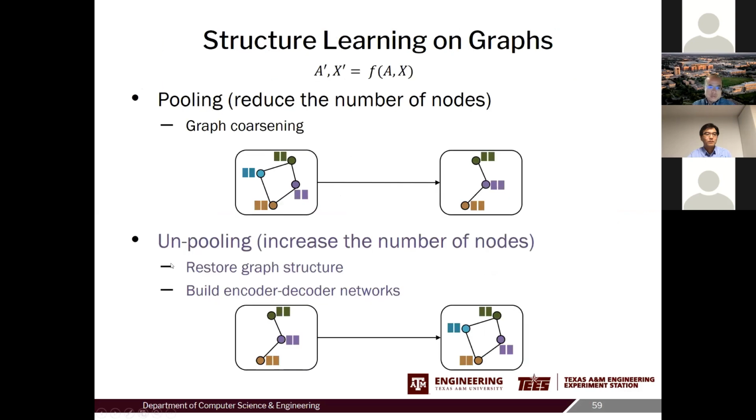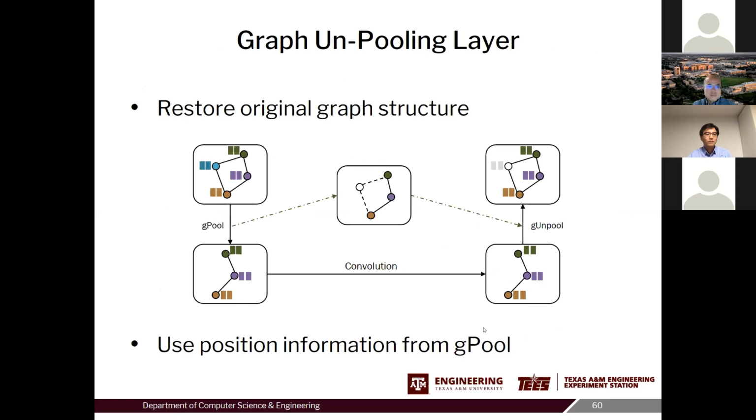We also do unpooling. If you have a smaller graph, how can you produce a larger graph in the decoder? We simply use the idea of unpooling in images. In the unpooling operation on images, you memorize the location in the encoder path: in the downsampling path, you memorize the location of the maximum value, and in the decoder phase, you restore the location.